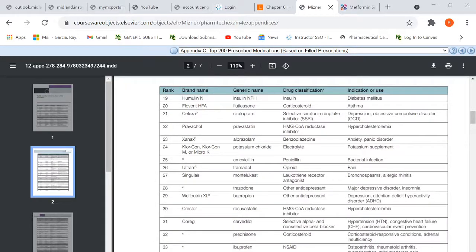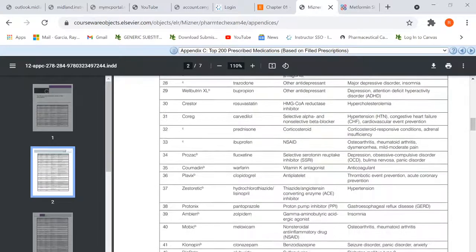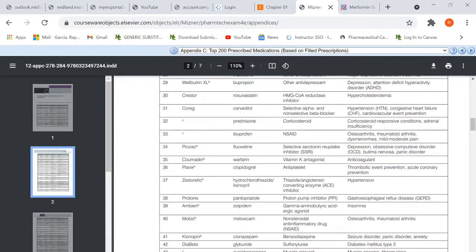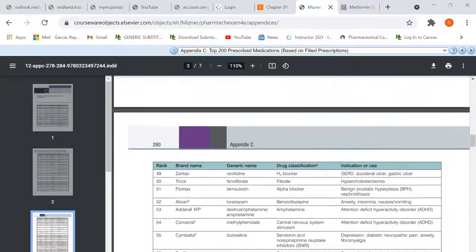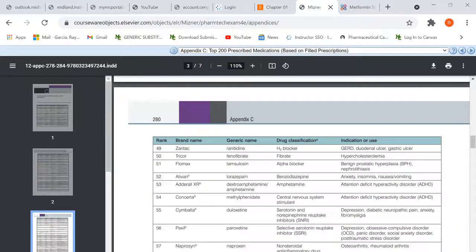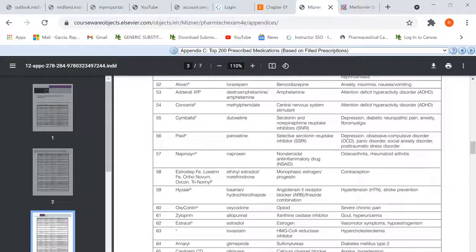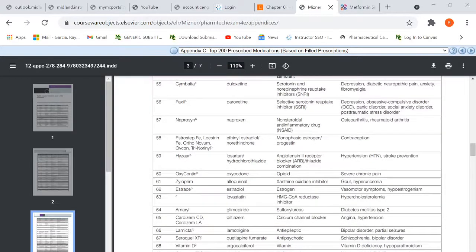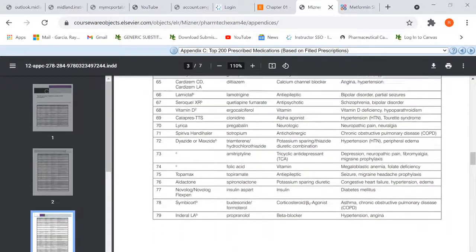I'm just going to look within the top 200 here. There's not many. I'm just going to make sure there's not any more in the top 200.